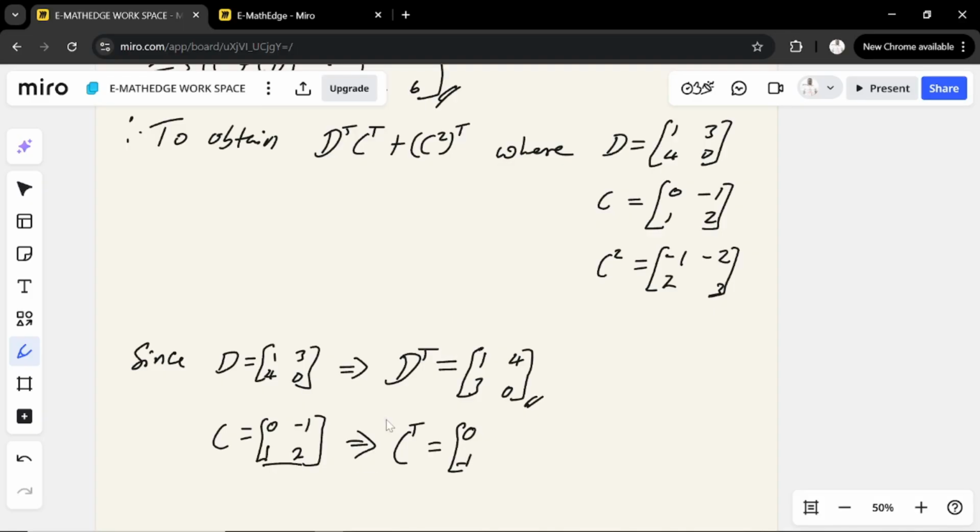Second row becomes the second column, which is 1 and 2. So this gives us C transpose. Mind you, D transpose is multiplying C transpose here before we add up C² transpose. So let's go ahead and multiply these two matrices which we obtained.